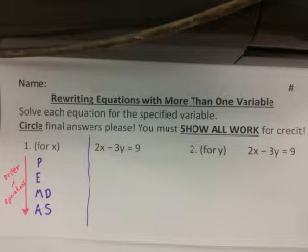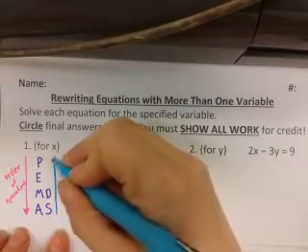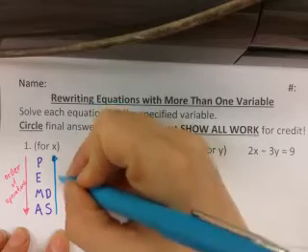And then just like wrapping a present and then unwrapping a present, if we want to undo an equation, we have to go in reverse order.